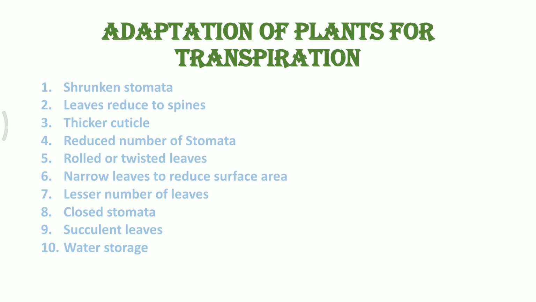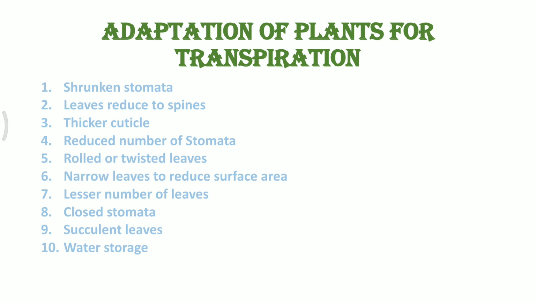Even wilting is a process by which plants stop transpiration. Sometimes the leaves are very narrow so that the surface area is reduced, and since the surface area is reduced, there will be less chance of loss of water.